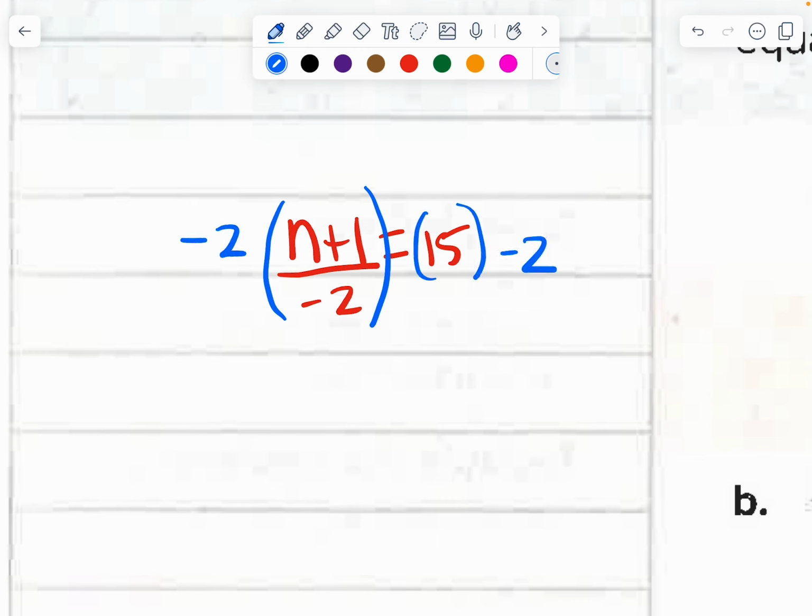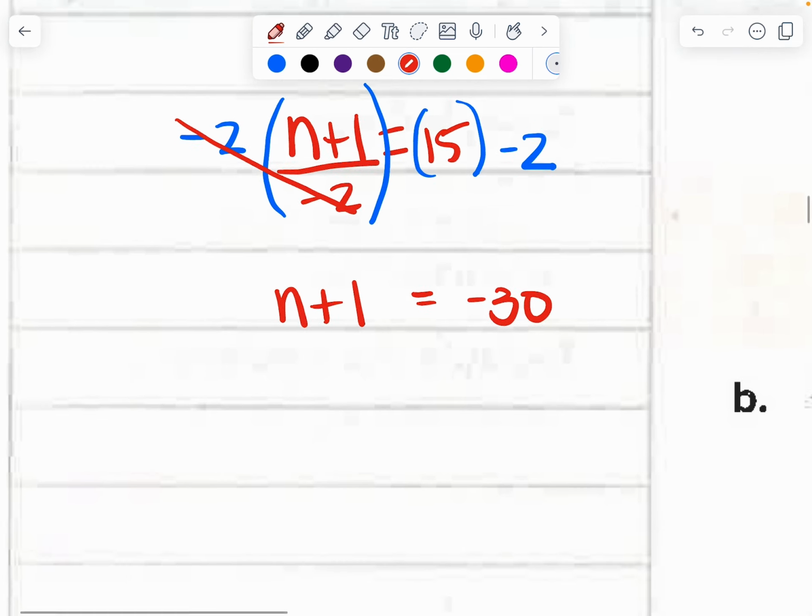And that will get rid of my fraction. These cancel out, so it's n plus 1 equals negative 30. Now we're at a one-step equation, and we just do the opposite operation, which is subtracting 1 from both sides. So n equals negative 31.